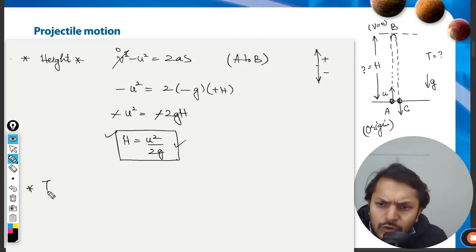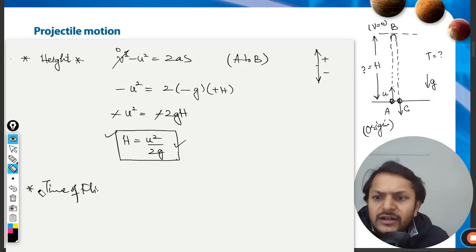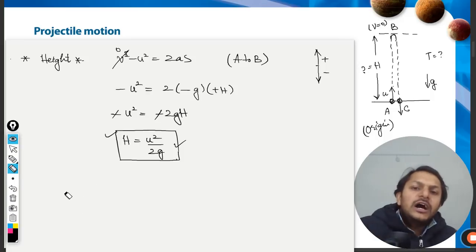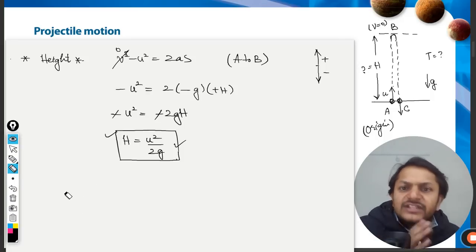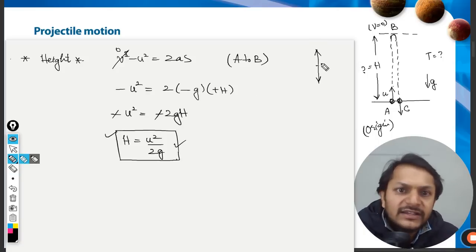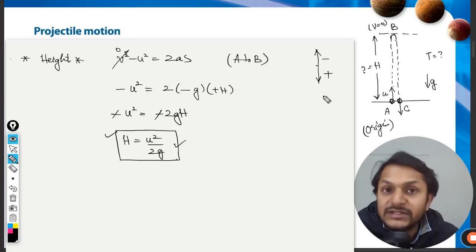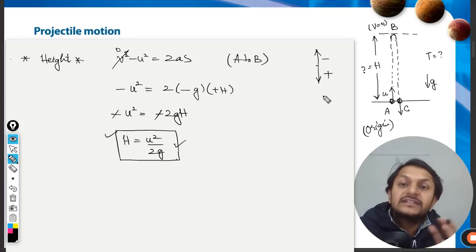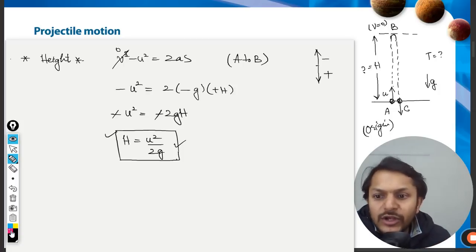Now let us go for the time of flight. Okay, there are two methods for this also. Before that, let us change the sign convention as I told you, and let us take it otherwise, like upward is negative and downward is positive, and let us see if we are getting the same answer and how we are going to apply it now.